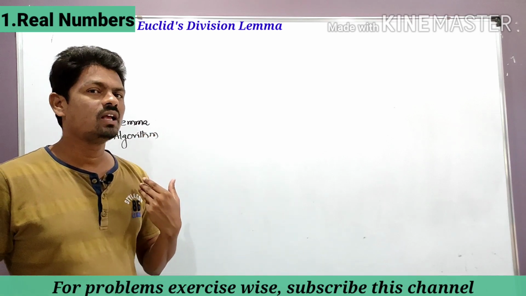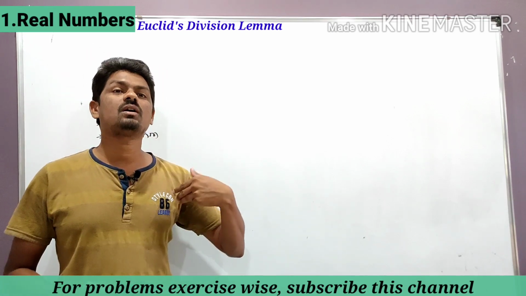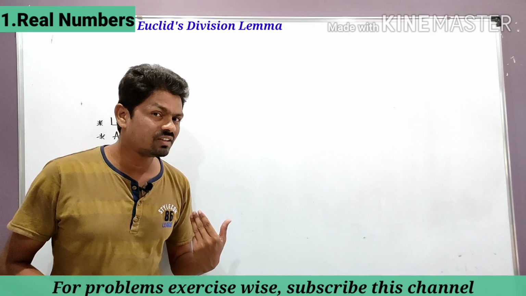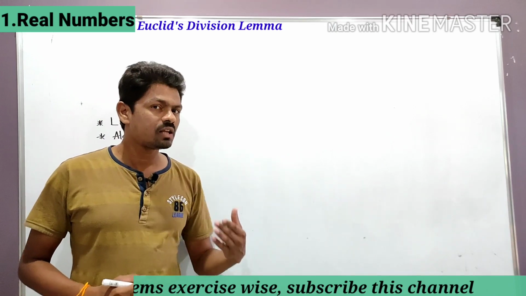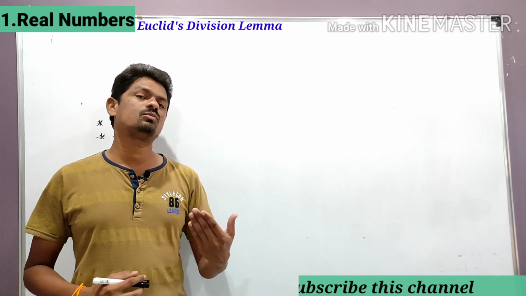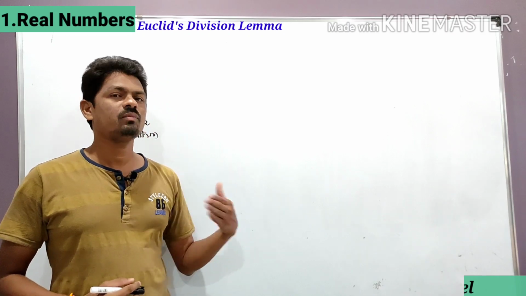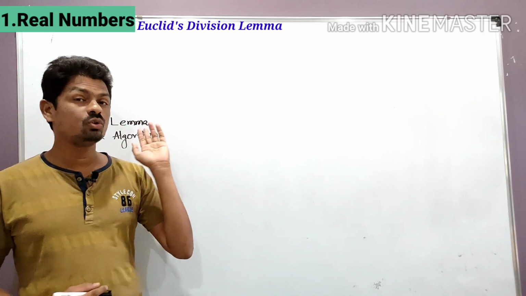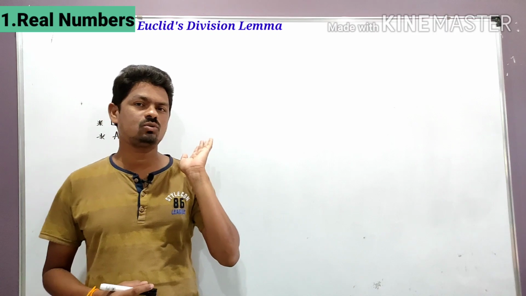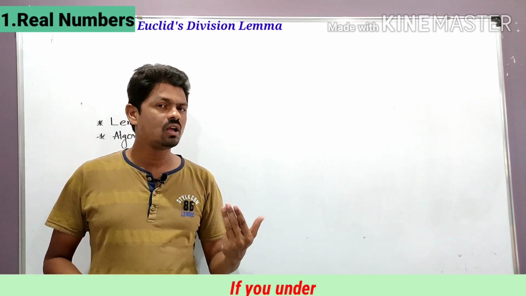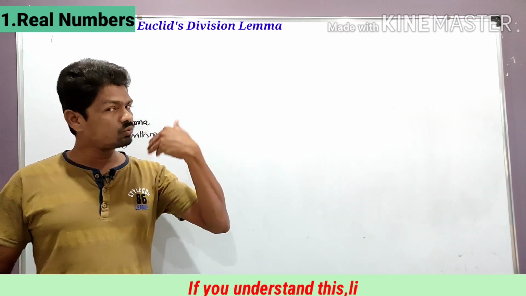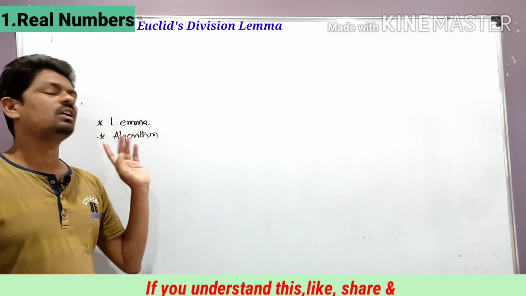Sometimes we say Euclid's division lemma and sometimes we say Euclid's division algorithm. When we say the statement, we use the word lemma. When we solve the problems, we use the word algorithm.